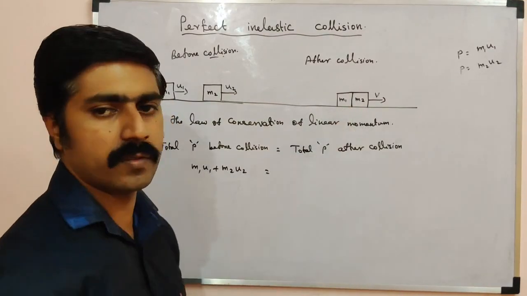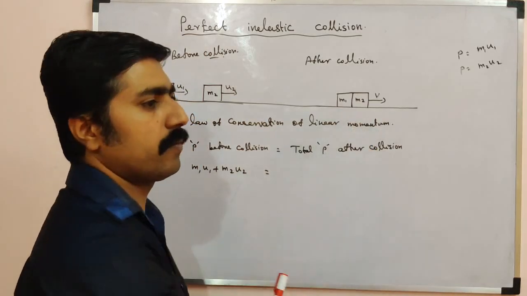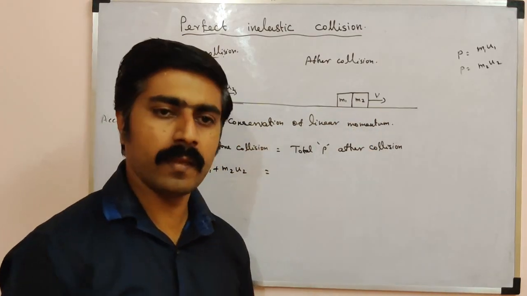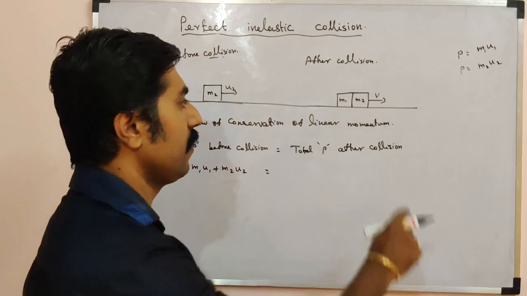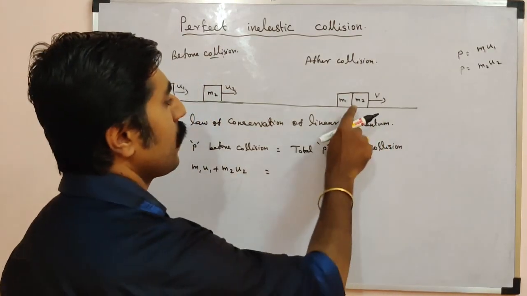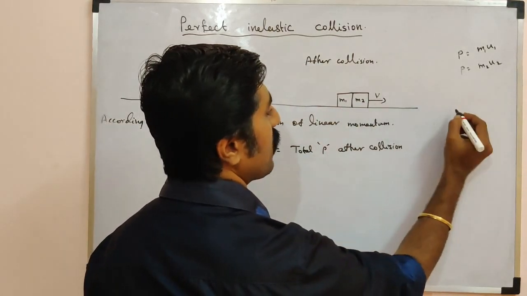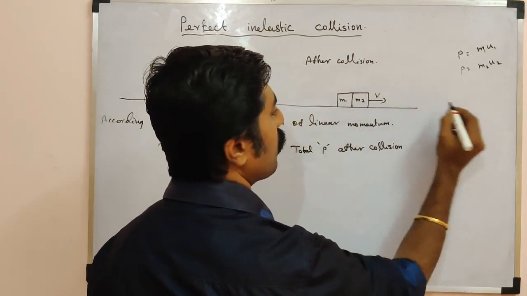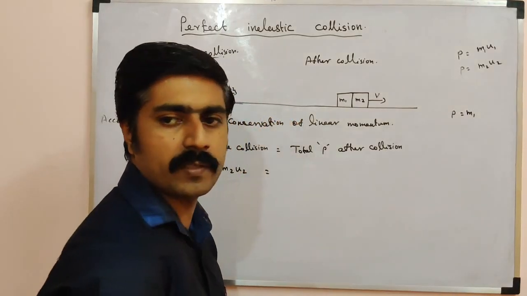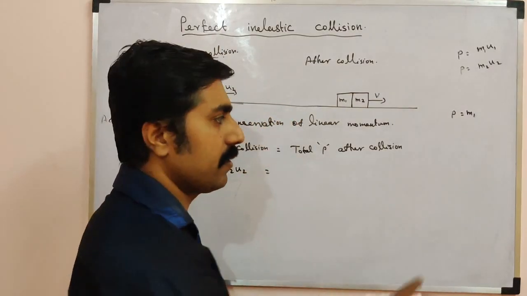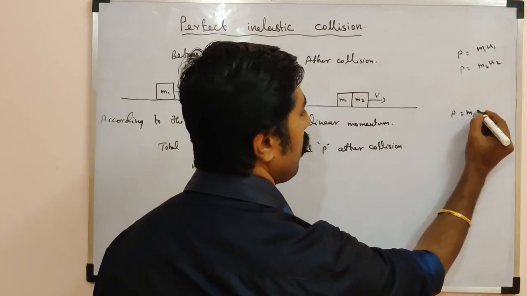After collision, both the objects stick together permanently and move with the common velocity v. So after collision the momentum of the first object, the momentum formula being the product of mass and velocity, is mass m1 times velocity v.